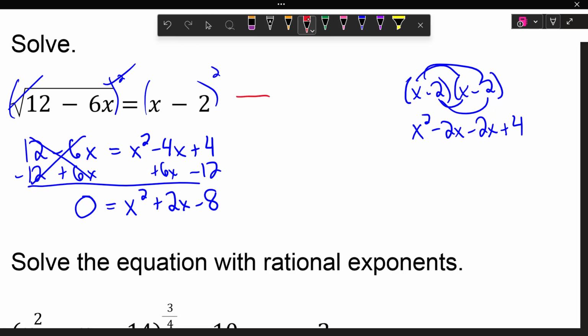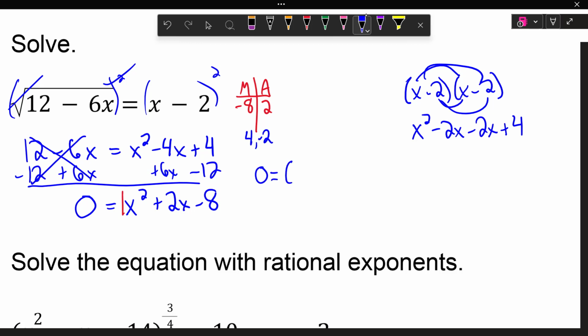So now we need to factor this. We need to do an MA table. We need two numbers that multiply to negative 8 and add up to 2. And what's nice, the coefficient of x squared is 1, so we can skip right to our parentheses once we find our numbers, which of course are 4 and negative 2.